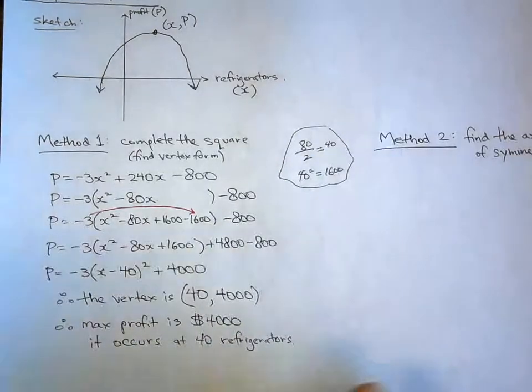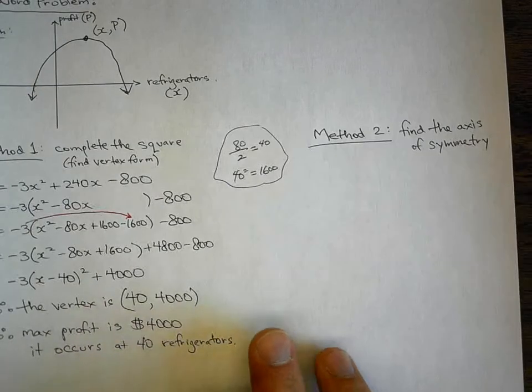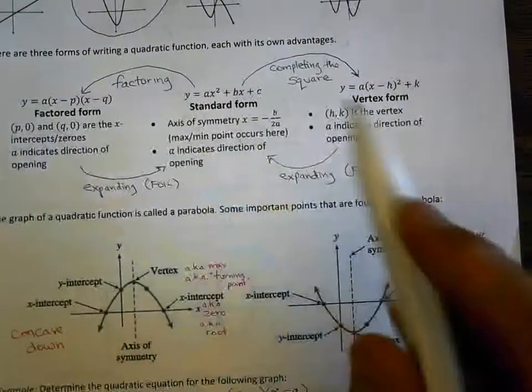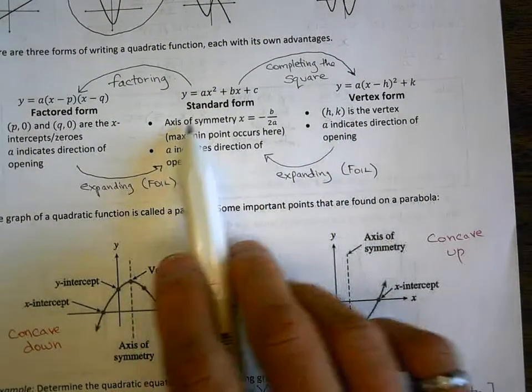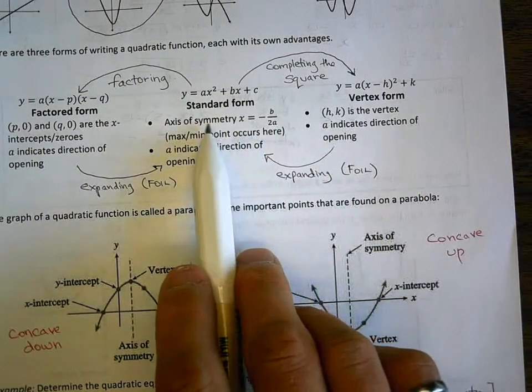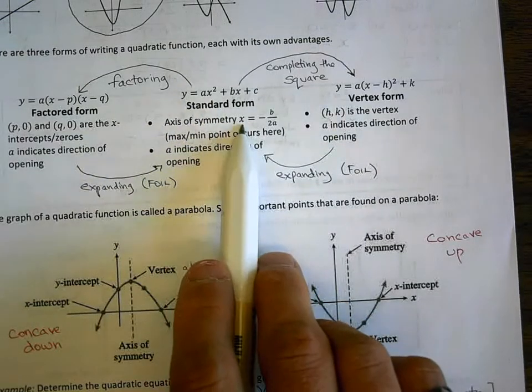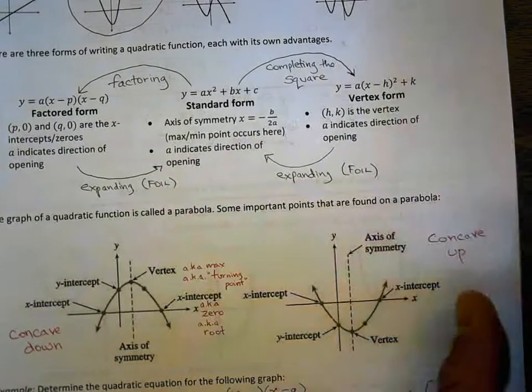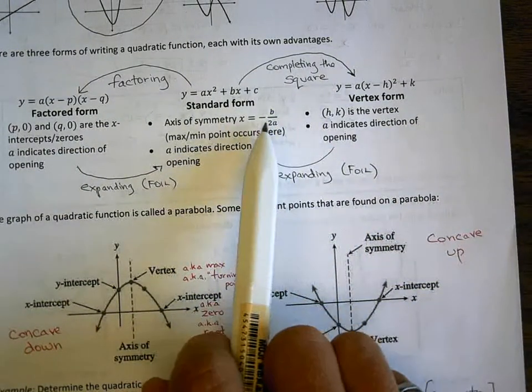And I told you, this is an oft-forgotten thing from the quadratic unit, but it is a formula on our formula sheet. The axis of symmetry we can figure out in standard form by using this formula: x is equal to negative b over 2a. I won't go into where it comes from, but it looks familiar.